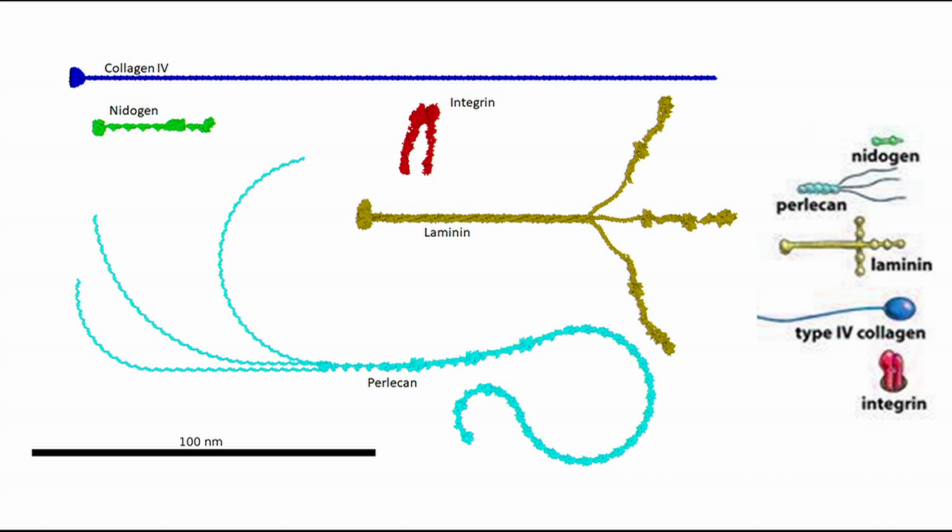So once we have all the models for all the components of the basement membrane, we have to make them move. For this, we are going to use rigid body dynamics. The first question we have to ask ourselves is, why don't we use all-atom molecular dynamics?